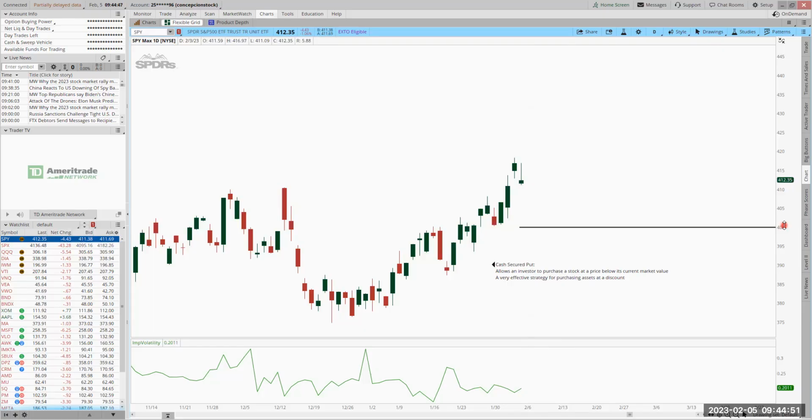Now, what I need you to understand is that in order to execute this trade, you must have the capital required to purchase the asset at the strike price you selected. So if we select the 400 strike, you must have $40,000 in your account in order to execute that trade.